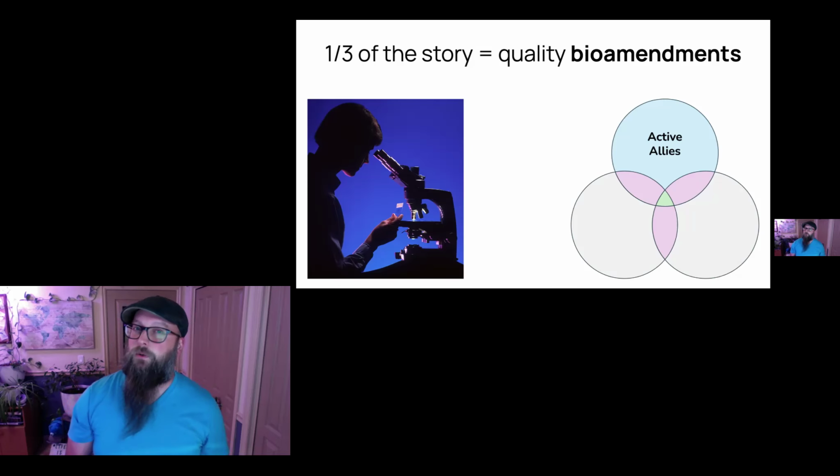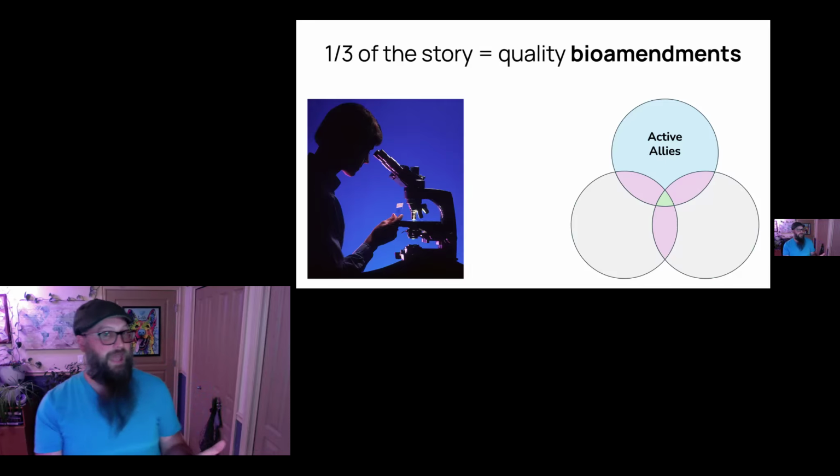I'm pretty skeptical of microscopy as a quote unquote scientific tool, but I'm very pro the use of microscopes as a practical piece of reconnaissance, right? To scout what's happening in our compost, sorry, our bioamendment that we've created, or around the roots of the plants that we're growing. Okay, that was a bit of a caveat.